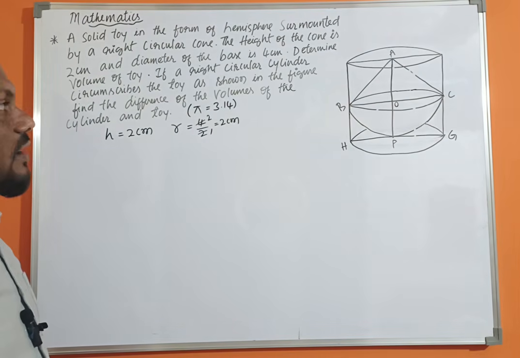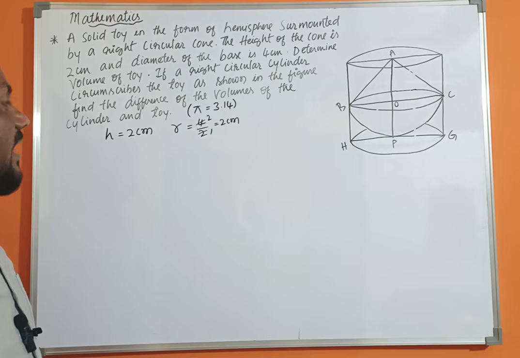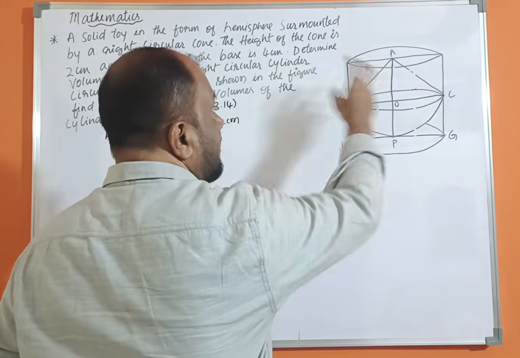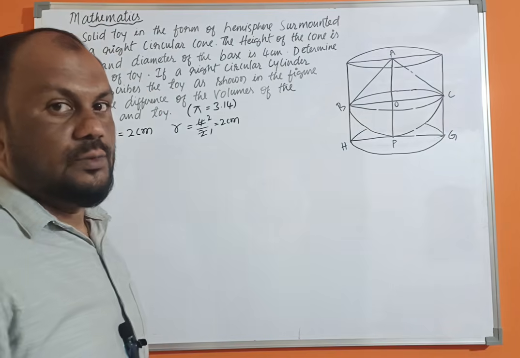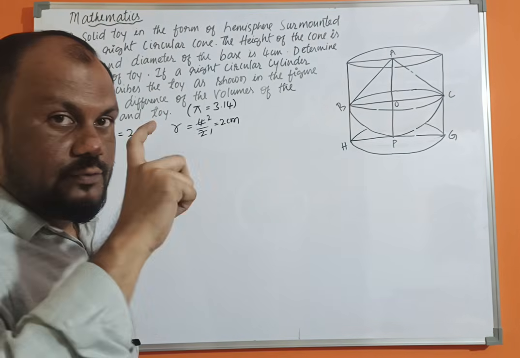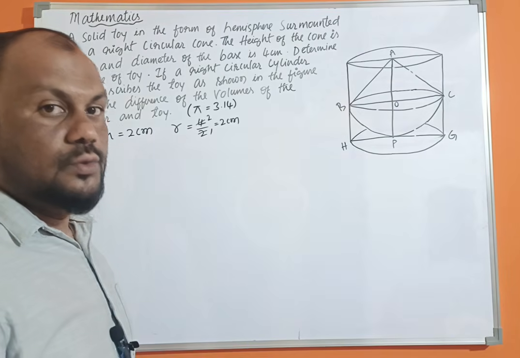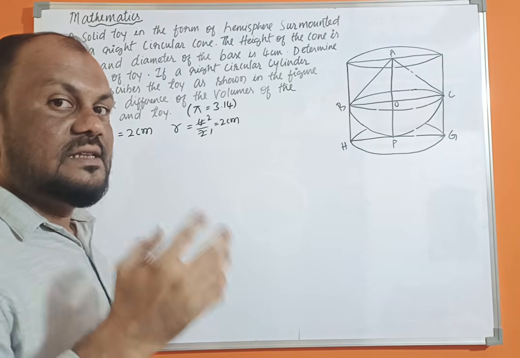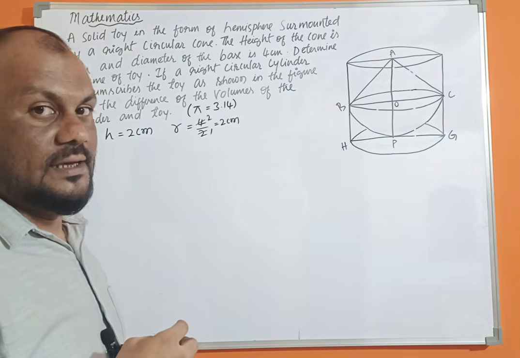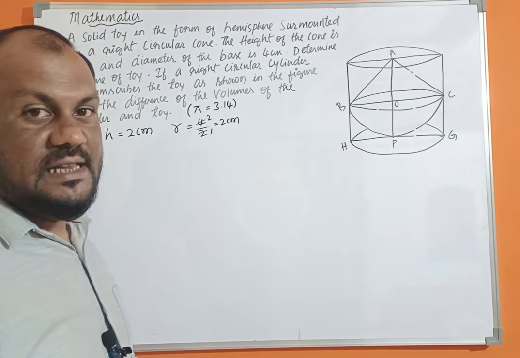Find the difference of volume of cylinder and toy, means volume of cylinder minus volume of toy. So first we'll find the volume of toy, then the volume of cylinder, then subtract the volume of toy from the volume of cylinder. Then we'll get the answer easily.